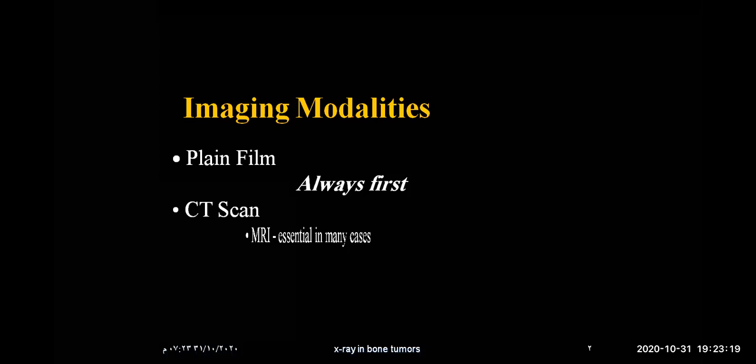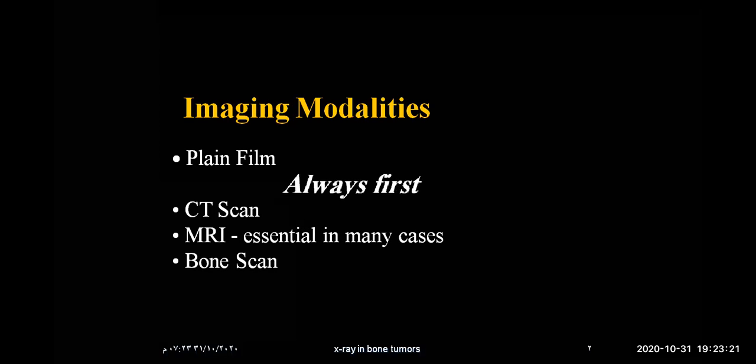In musculoskeletal oncology or orthopedic oncology, we utilize almost all imaging modalities, such as plain X-ray films, CT scan, MRI, bone scan. Nowadays we use PET scan also, but always try to start with X-ray.